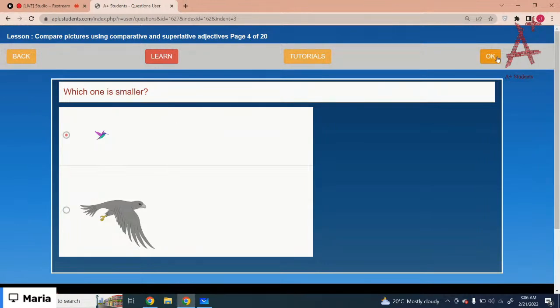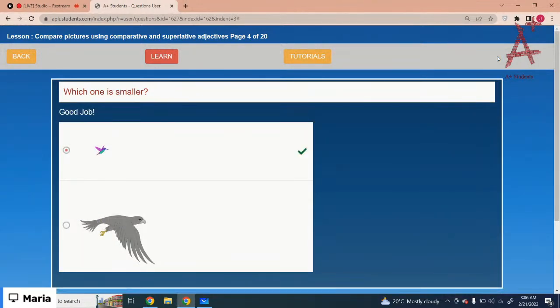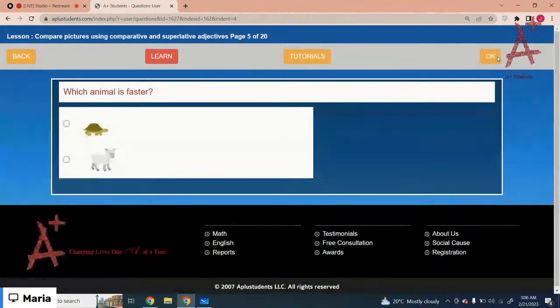This one is smaller, got it? Which animal is faster? Sheep is faster or turtle is faster? Which is faster? Yes, the turtle is, no, the sheep is faster, got it?